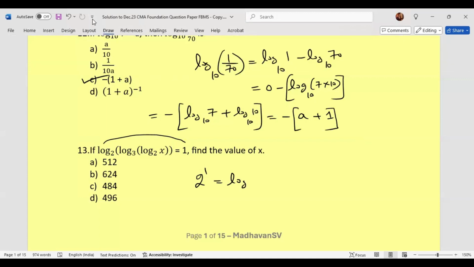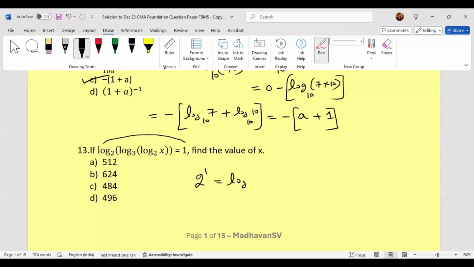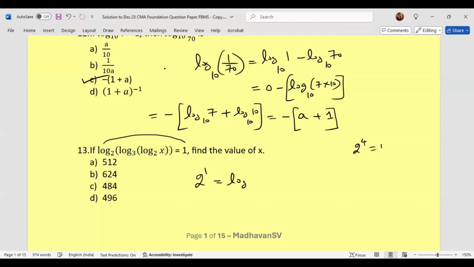We know 2 power 4 is 16, and that we can also write it as a logarithmic expression, which will become 4. So if you have a logarithm like this, we can write it exponentially as 2 power 4 is 16. Same logic applied here. 2 power 1 should be this expression.